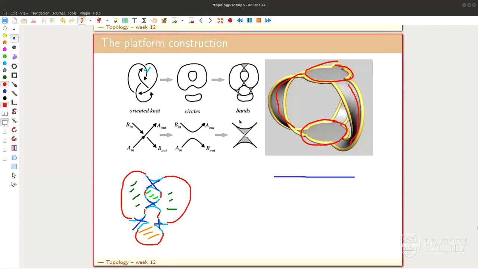If you just put the 3 platforms underneath one another, you end up exactly with the picture in the video. And you can do that for any projection, no matter how complicated it is. Just fix a way to read around the knot, connect accordingly, and you get platforms and twists connecting the platforms.